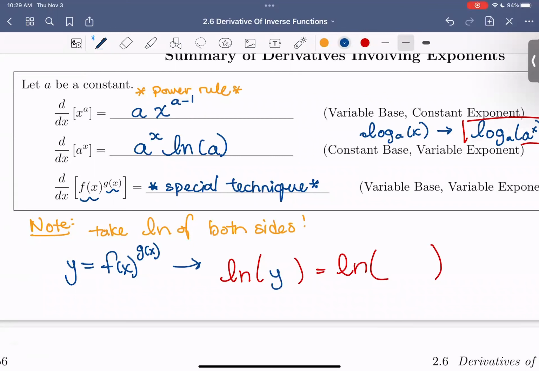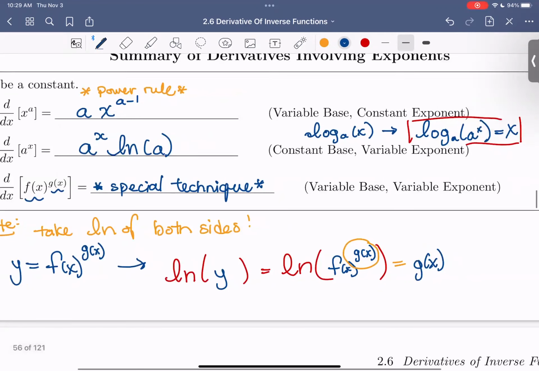So we have ln of y equals ln of f of x to the g of x. Now on that right-hand side, based on properties of exponents, that g of x comes down. So this just becomes g of x times ln of f of x.